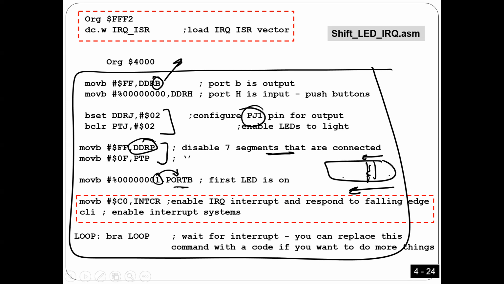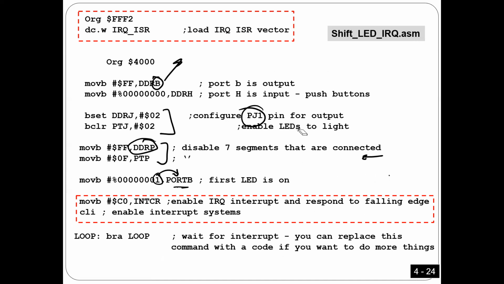When I press again, I trigger the IRQ interrupt again, and in the interrupt subroutine of IRQ, I have to write a command to shift the LED. Once it comes to here and you shift it, it has to come back to here, as you will see right now.